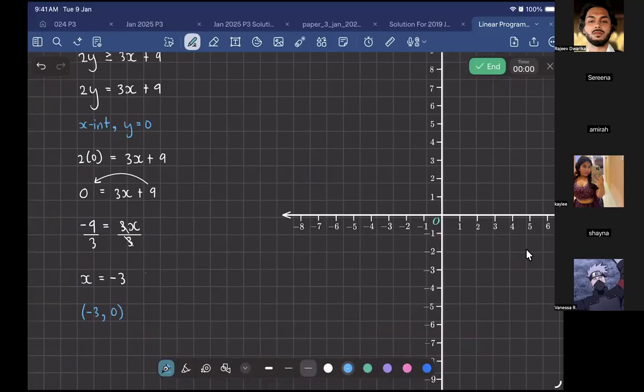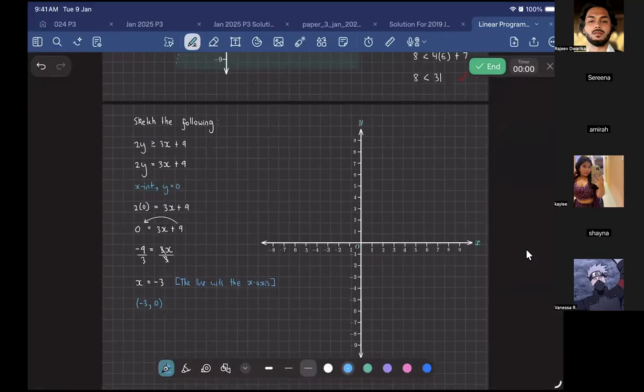And this is where the line cuts the x-axis. Okay, what do I need to find for next? The y-intercept.